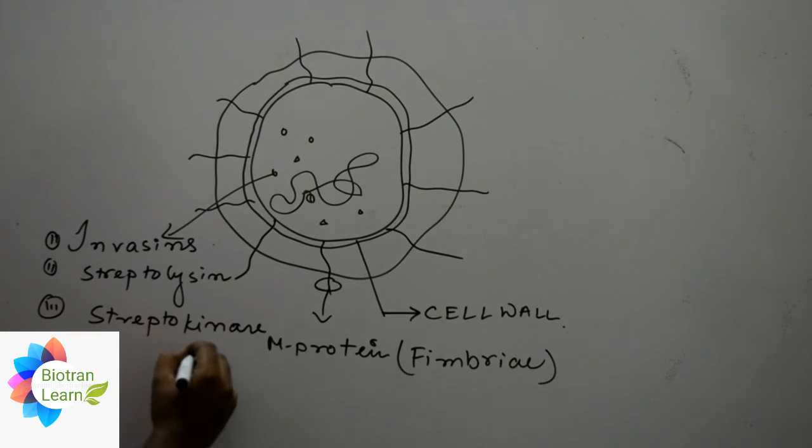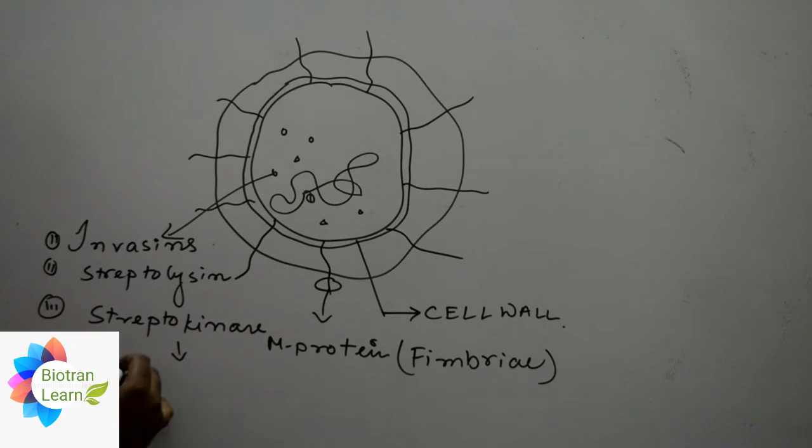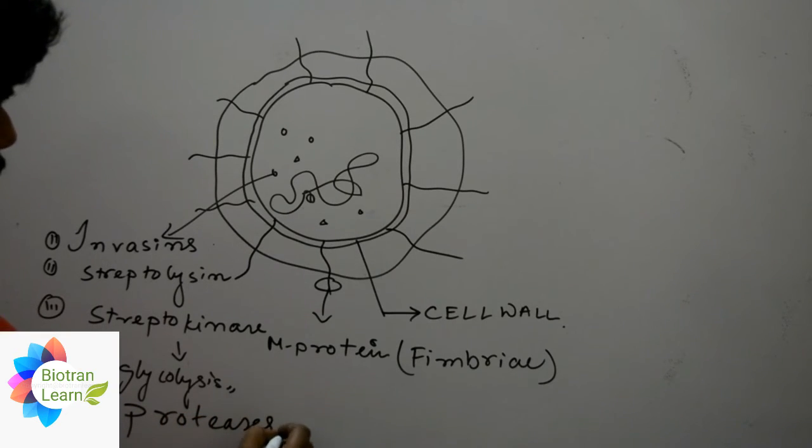These streptokinase actually deal with the glycolysis of the host body, right? They disrupt the regular respiration process in a particular host body, and afterwards we will be able to find some proteases. These proteases will cleave the protein, and then that protein will be hydrolyzed into certain amino acids.